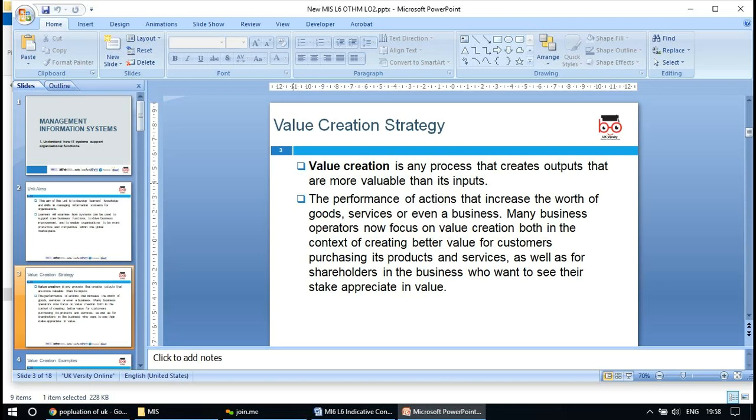Yeah, definitely. So that's basically the idea behind the value creation or value-added chain that organizations want. I get that now, that makes sense.